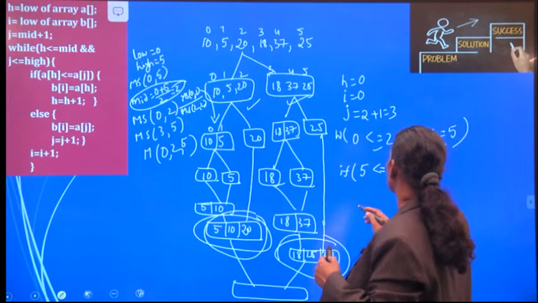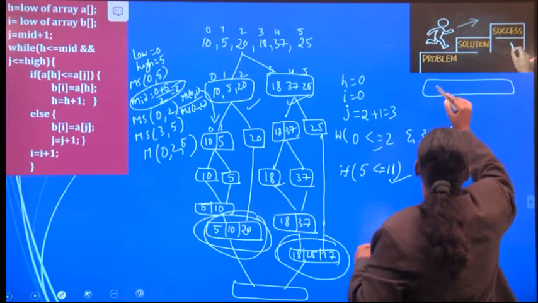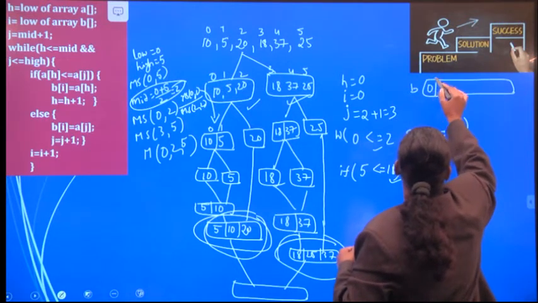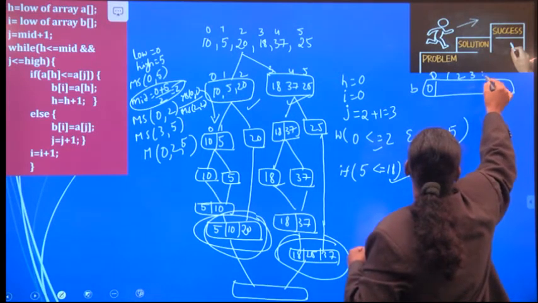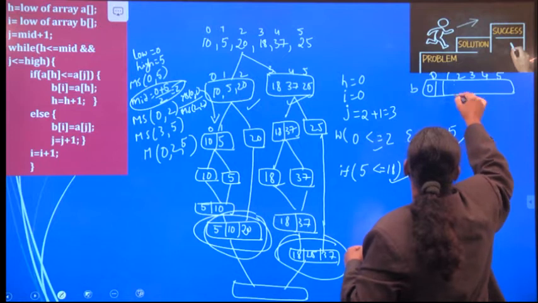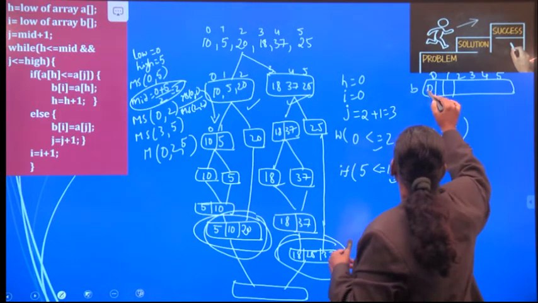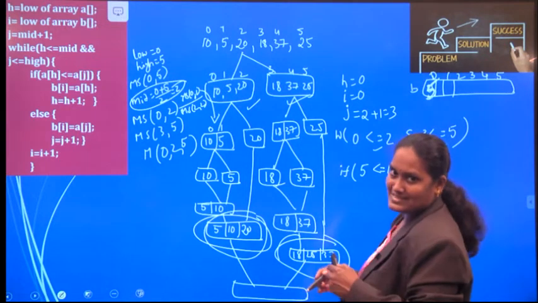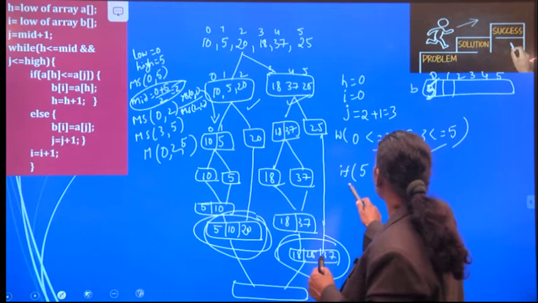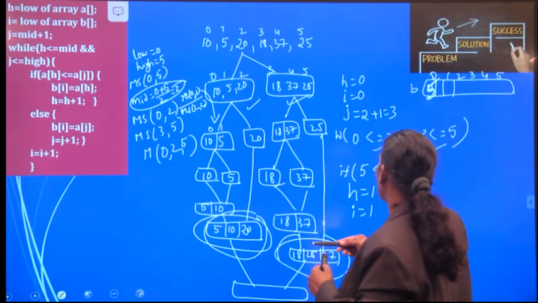Yes, this condition is true. If I represent B as 0, 1, 2, 3, 4, 5, then into B of I, that is B of 0, we copy A of H, that is 5. After that, I increment H, it becomes 1, and I also becomes 1.